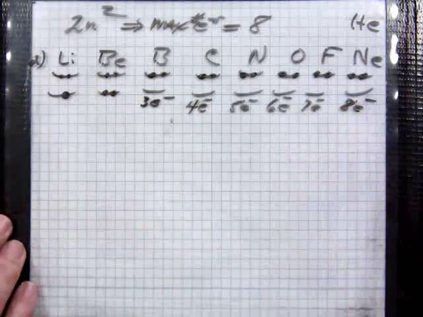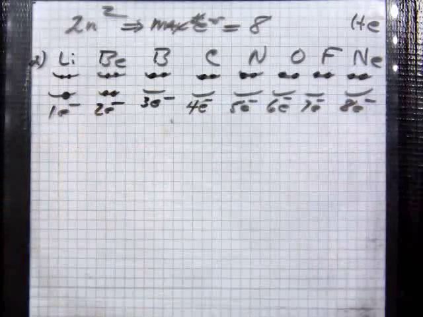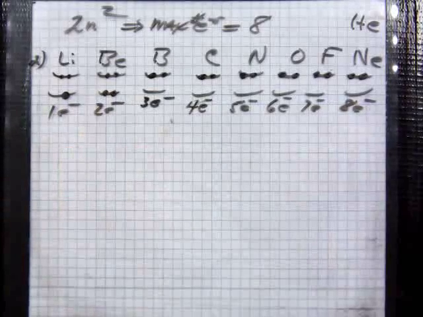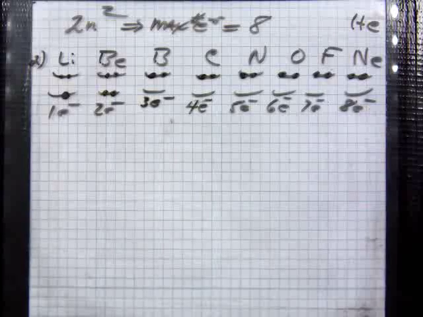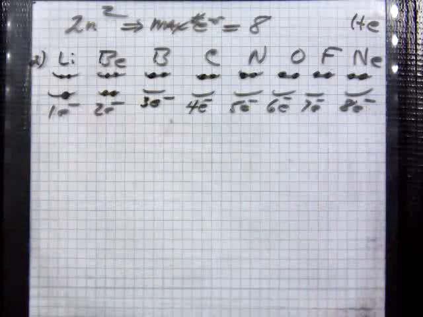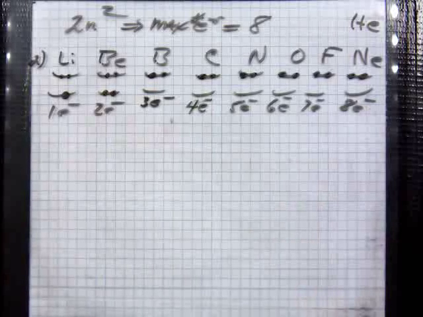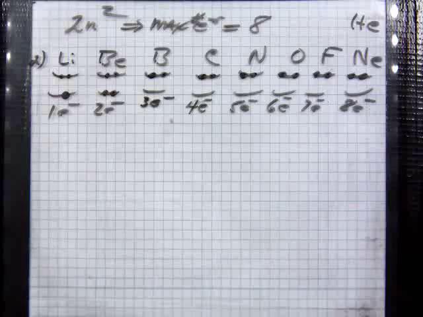Now, again, the octet rule says that in chemical processes, these elements will gain or lose electrons to achieve a noble gas configuration by the path of least resistance.